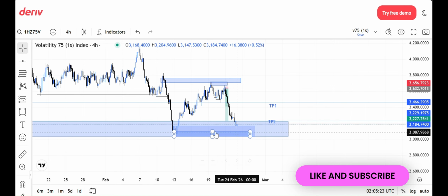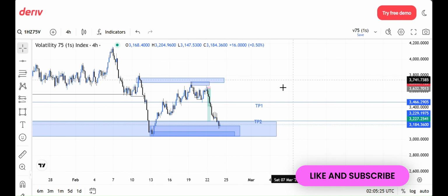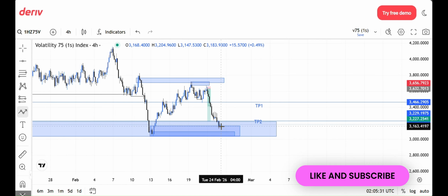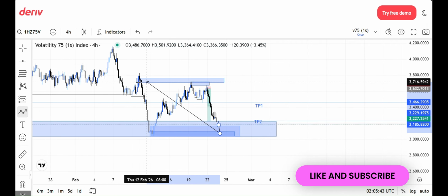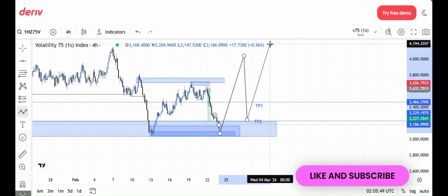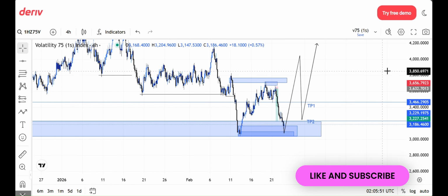What will make us look out for a bullish entry would be if price taps into the zone where price is now, or if it comes lower, whatever the case, and then it goes up to break this previous low. If price does this, you will be looking out for a retracement to go bullish.